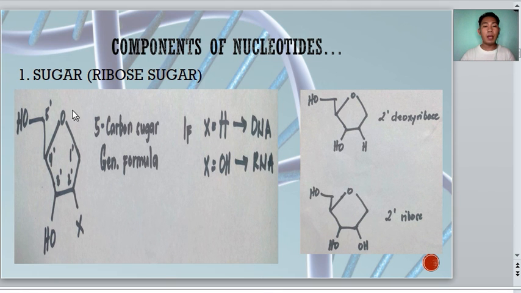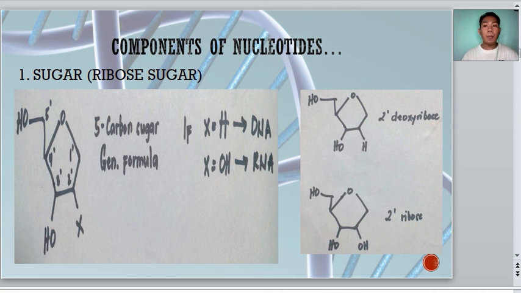And on top is the oxygen. Notice also in the 2 prime carbon of the ribose sugar, there is an X. How do we know if this sugar is deoxyribose or a ribose sugar?